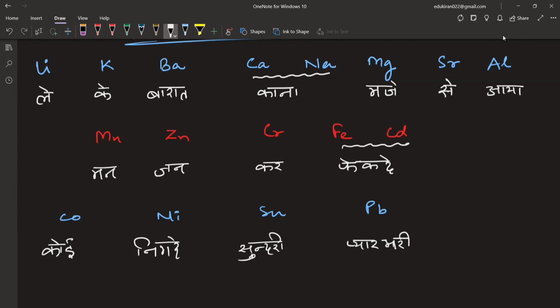So you have to remember this, okay? लेके बारात कान्हा मजे से आया. मंजन कर फेंक दे. कोई निगाहें सुंदरी प्यार भरी.